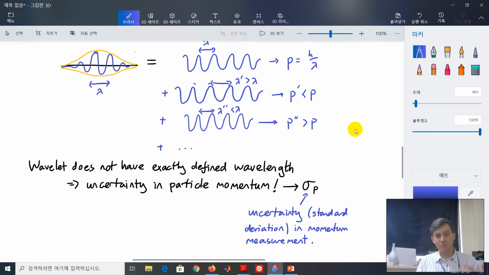To actually calculate what this uncertainty is requires taking the Fourier transform and so on, so I won't do that, but you will definitely see this in a quantum mechanics class.